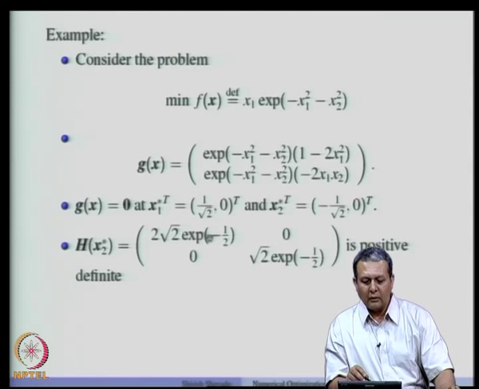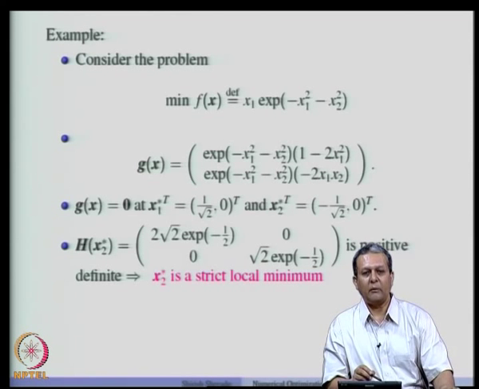So, all the principal minors of this matrix are positive, which means that the matrix is positive definite. Remember that the off diagonal elements are 0 here. So, since this is a positive definite matrix, because of the second order sufficient conditions, we can say that x2 star is a strict local minimum.